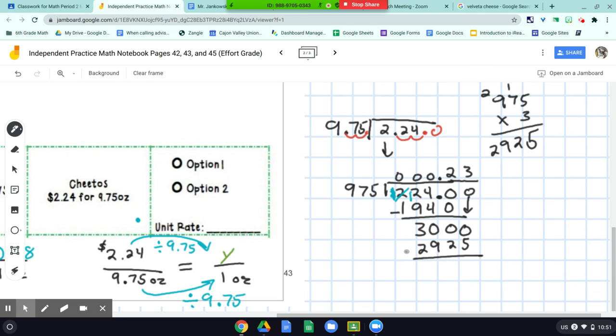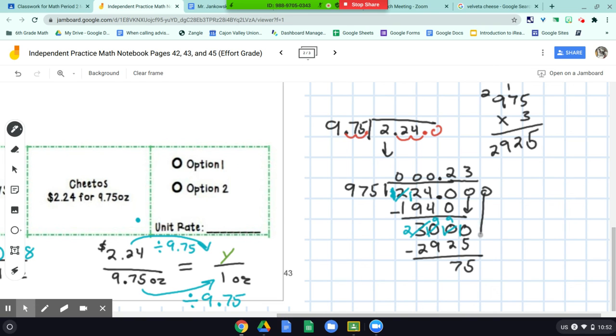Now, if you guys see any mistakes in here, please let me know. Okay. And I'm going to subtract here. I can't do this, so I'm going to borrow from the 3. That's going to become a 2. It's going to be a 10. Make that a 9. 10, 9, 10. 10 minus 5 is 5. 9 minus 2 is 7. 9 minus 9 is 0. 2 minus 2 is 0.